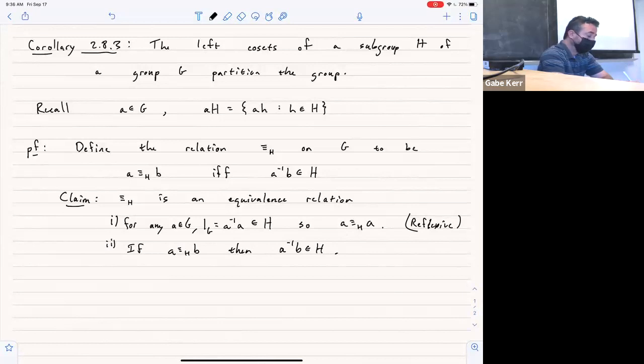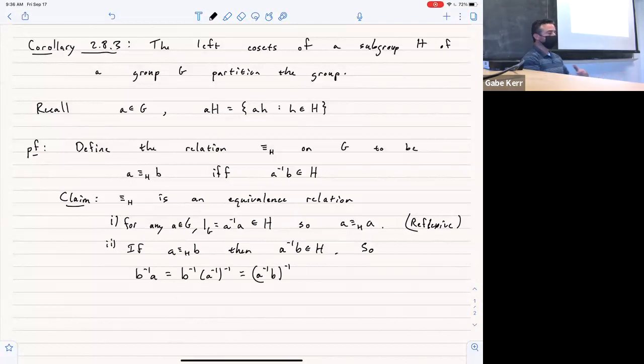So B inverse A equals (B inverse A) inverse inverse, which, when you take an inverse of a product, switches the order, is equal to (A inverse B) inverse.